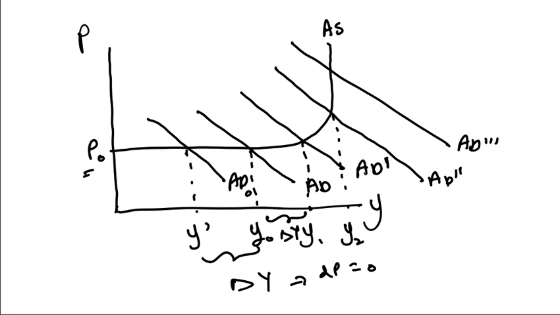However, if we are in the upsloping segment now, let's say AD1 now shifts to AD2, then we can see the equilibrium is here, and not only does income change from Y1 to Y2, but price also increases from P0 to P1. Let's say from AD1 to AD double prime, here we fix the price at P0.